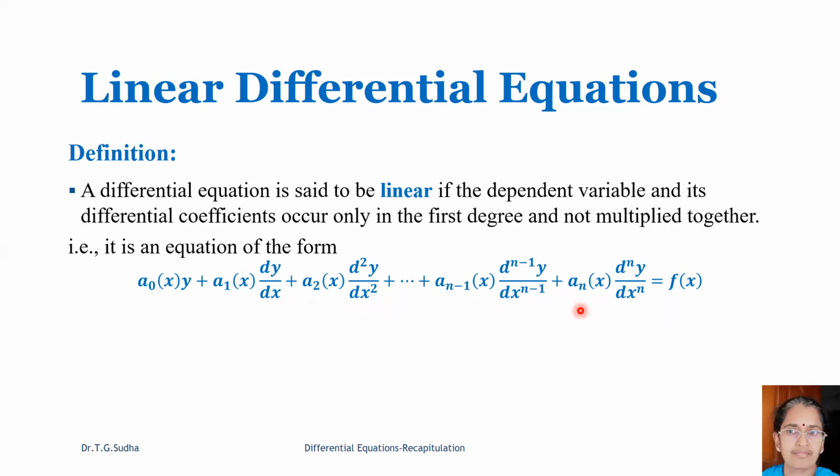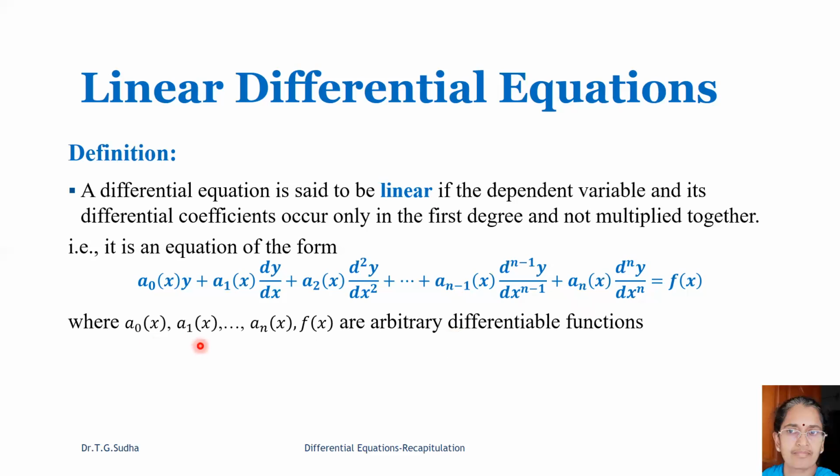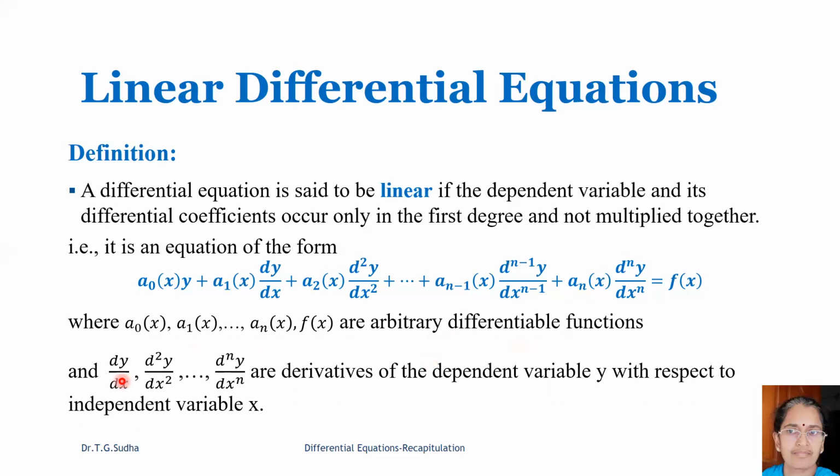Such an expression is said to be linear differential equation, where a naught of x, a1 of x, an of x, as well as the right hand side function f of x are arbitrary differentiable functions, and dy by dx, d square y by dx square, etc. d power n of y by dx power n are derivatives of the dependent variable y with respect to the independent variable x.